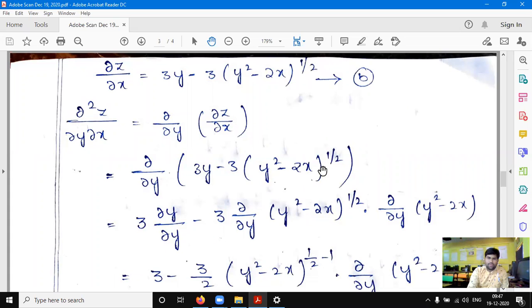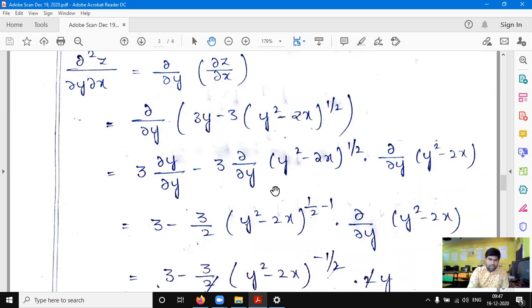The differentiation of y with respect to y is 1, so that is 3 into dou y by dou y minus 3 into dou by dou y of (y square minus 2x) to the power of 1 by 2.